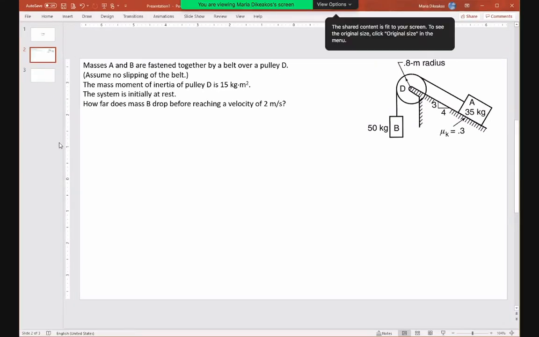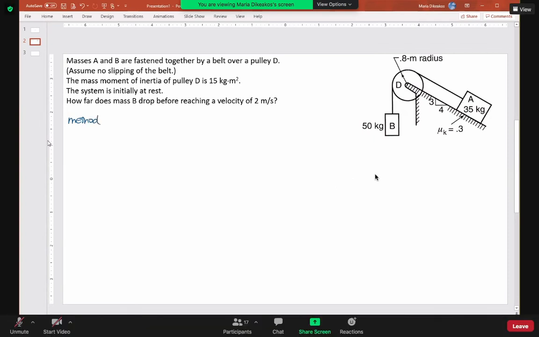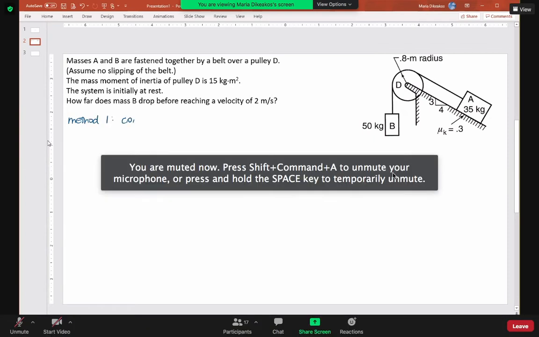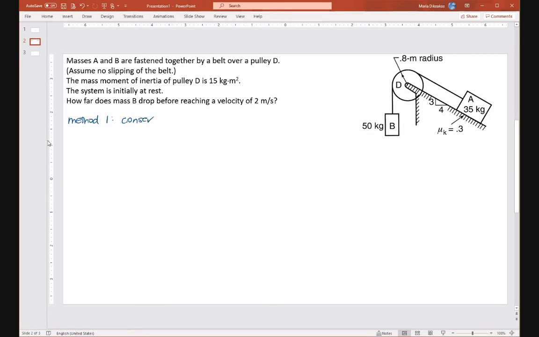So we're going to use method 1. I should say conservation of energy method 1, because they're both conservation of energy methods.